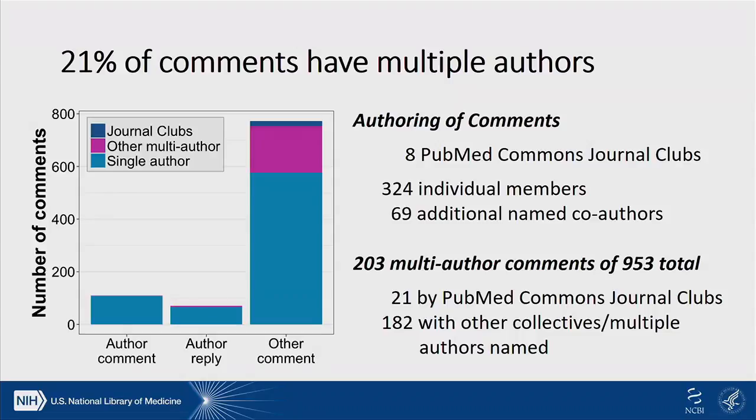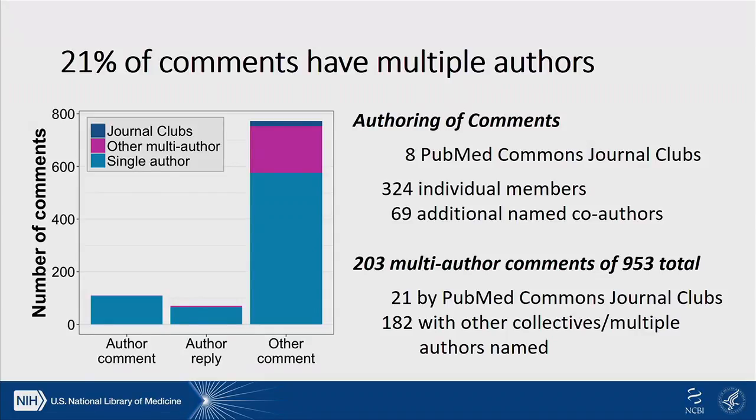That's not entirely accurate because a lot of these comments actually have multiple authors listed within the text of those comments. So we have about 21% of the comments with multiple authors. That is coming from 8 PubMed Commons journal clubs, and then there were 324 individual PubMed Commons accounts that were naming an additional 69 co-authors.